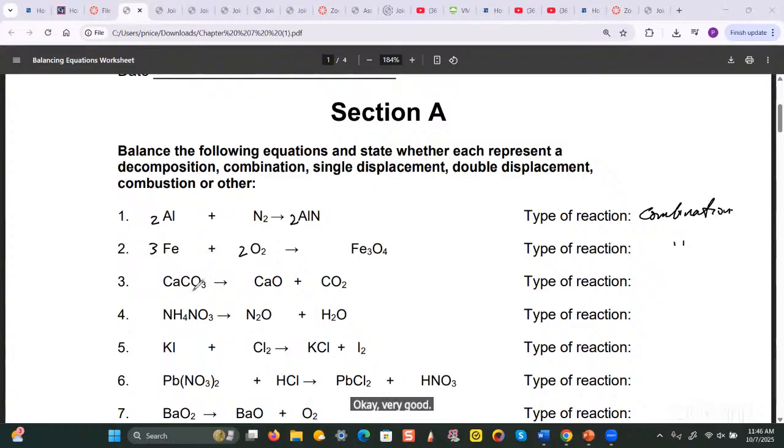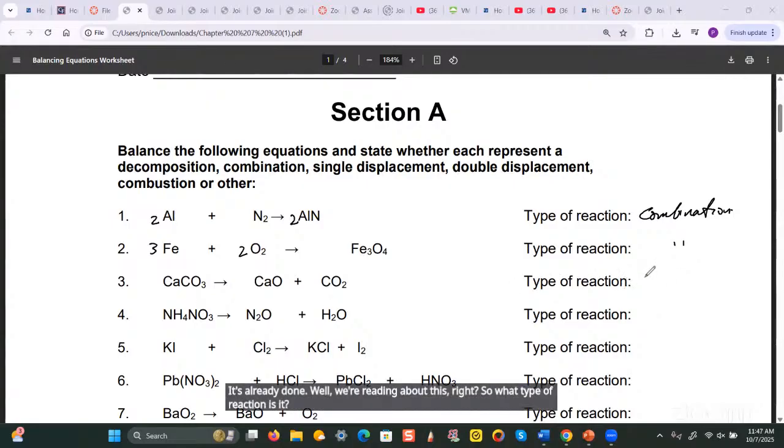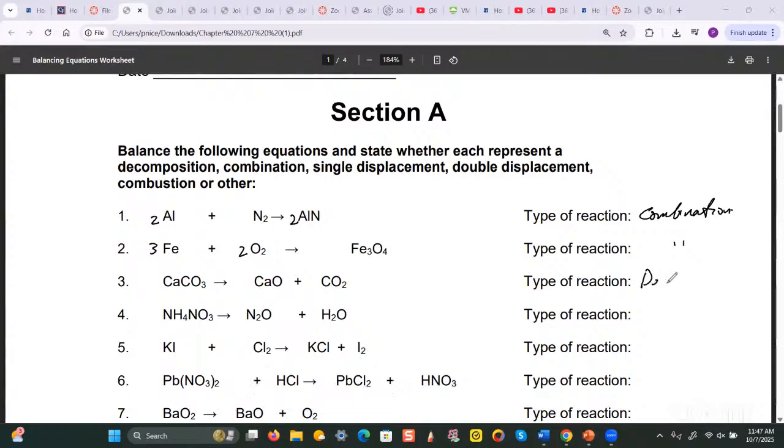Okay, what about the third reaction? Already balanced, right? So what type of reaction is it? Decomposition.